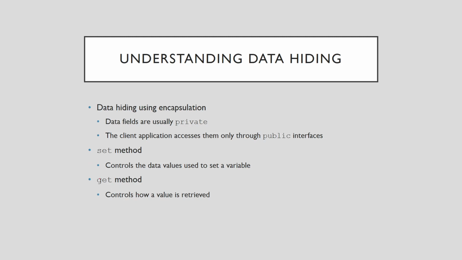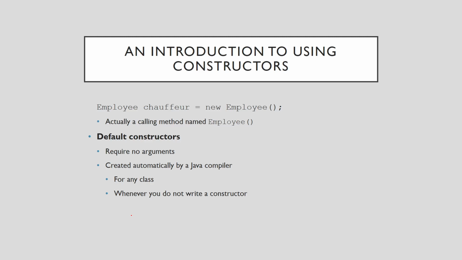So only these methods can be used in any other class, but of course with the use of the object. Now, for the constructor, if you do not create a constructor for your class, Java will create one automatically for you.